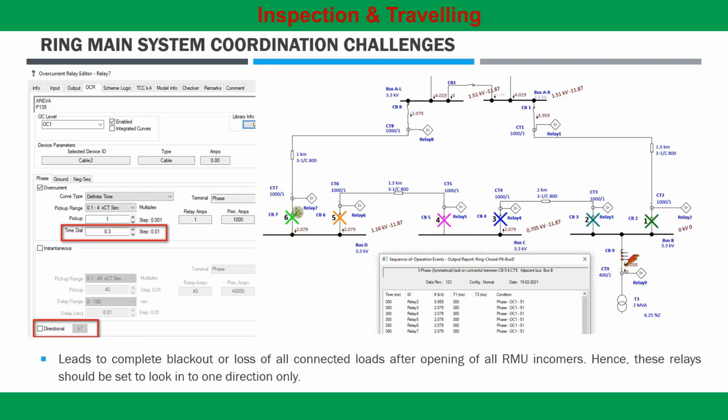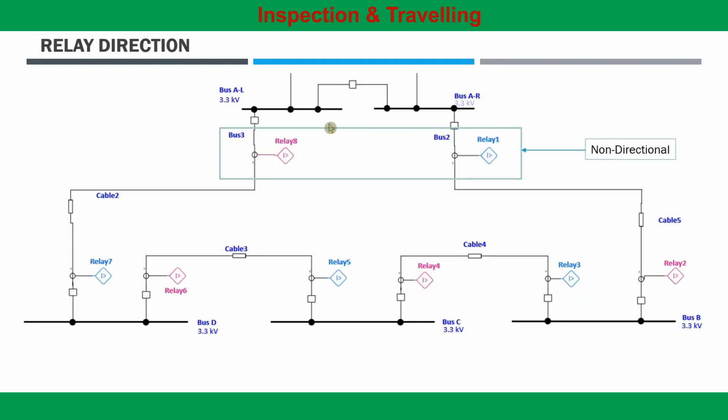In order to avoid nuisance tripping of incoming relays of the ring main system, it is advisable to set the incomer relays to look in one direction only. For this electrical network, the relays connected to the outgoing feeders which feed the ring main unit or ring main system are kept as non-directional.